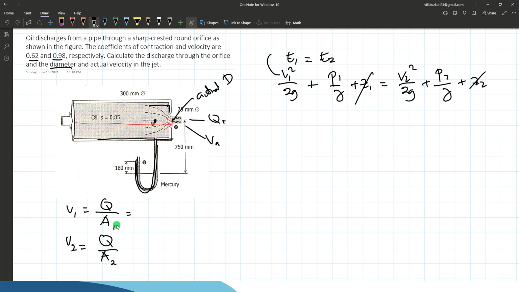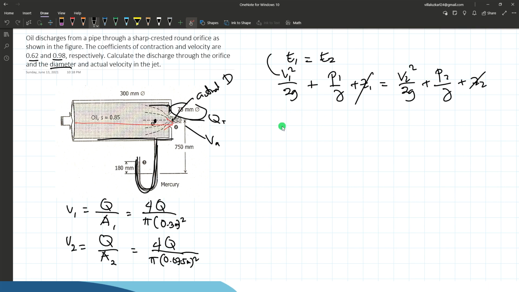We can rewrite this as the area is pi D squared over 4. So we have 4Q over pi times D squared. At point 1, the 0.3 meter diameter is squared, and we have 4Q over pi times 0.075 raised to 2.